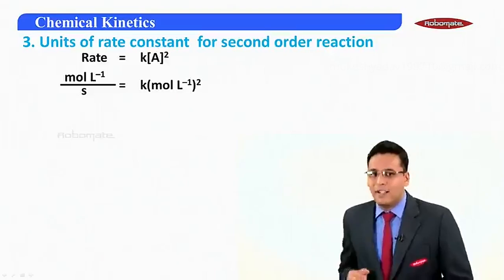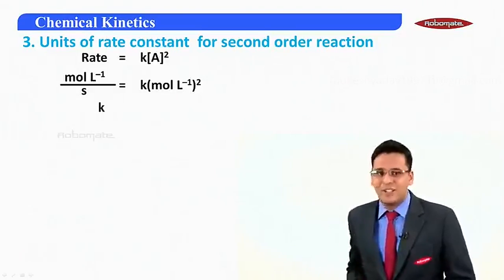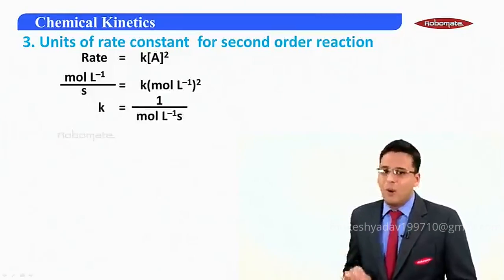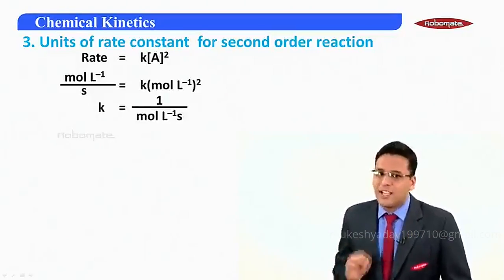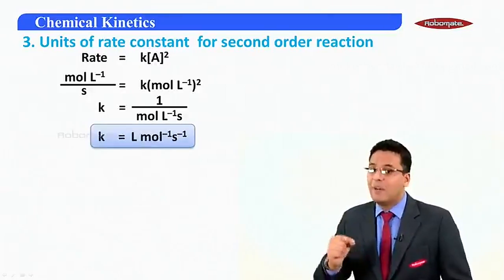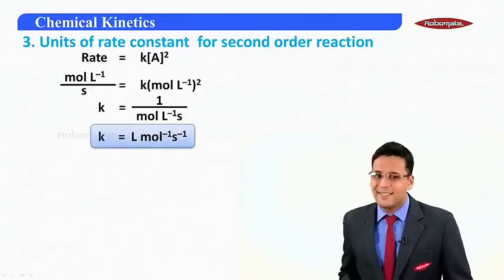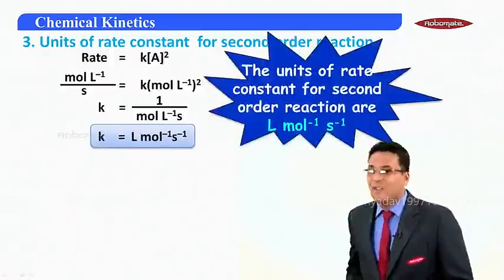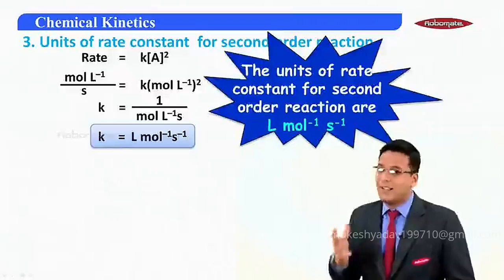Once again, if you rearrange this equation, you will get K is equal to 1 upon mole per liter into second, which can be rearranged as liter per mole per second. So I can say that the unit of rate constant for a second order reaction is liter per mole per second.